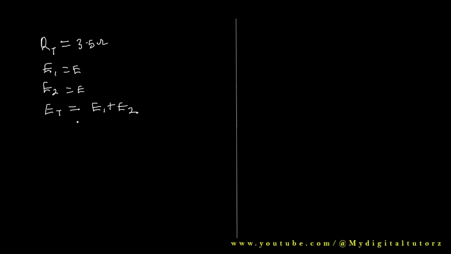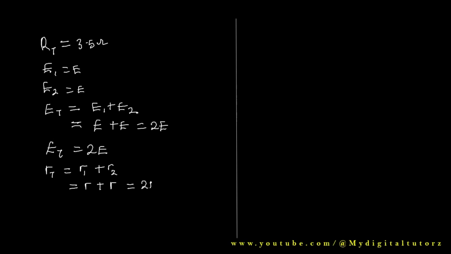Remember E1 is E, so I'm going to have E plus E, which is equal to 2E. So the total EMF is equal to 2E. Now, total internal resistance also, R total will be equal to R1 plus R2. R1 is R, R2 is also R, so that will give us 2R. So the total internal resistance is equal to 2R.